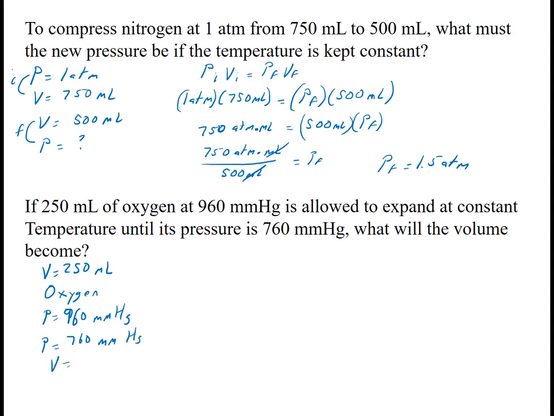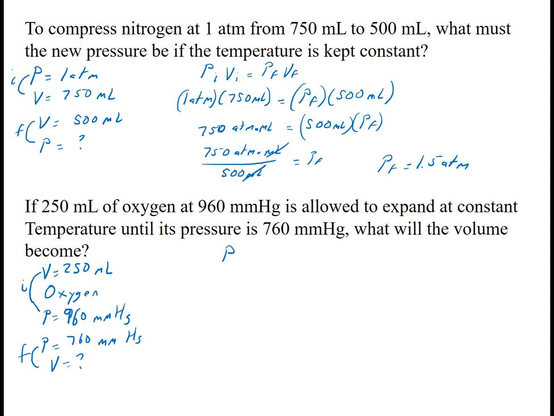What will the volume become? Okay, so this one, because these are in the same sentence, these two go together, and this is my I. Oops, draw that one down. And these two are, it says until the pressure is, and so therefore those two.